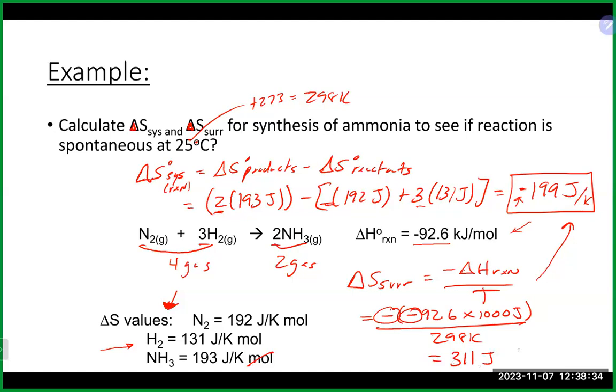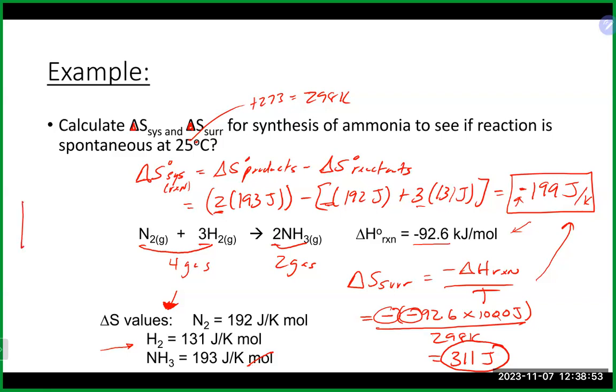In this case, you would actually have joules per mole per Kelvin. So we do have a positive value here for our surroundings, which also makes sense because this is an exothermic process, right?